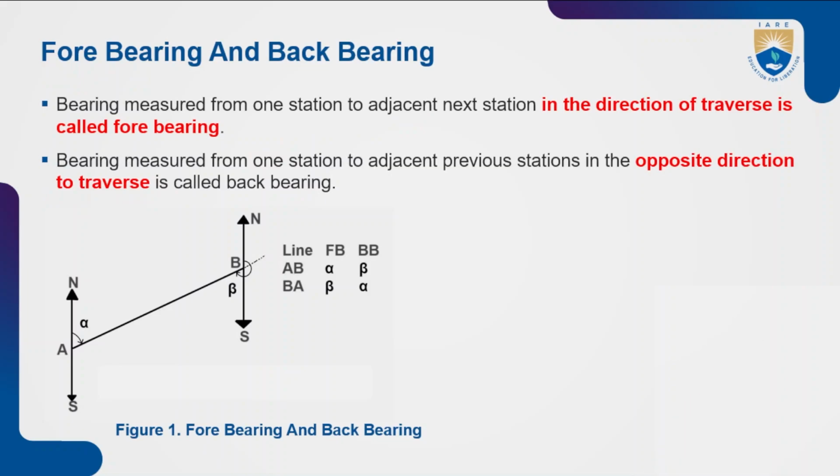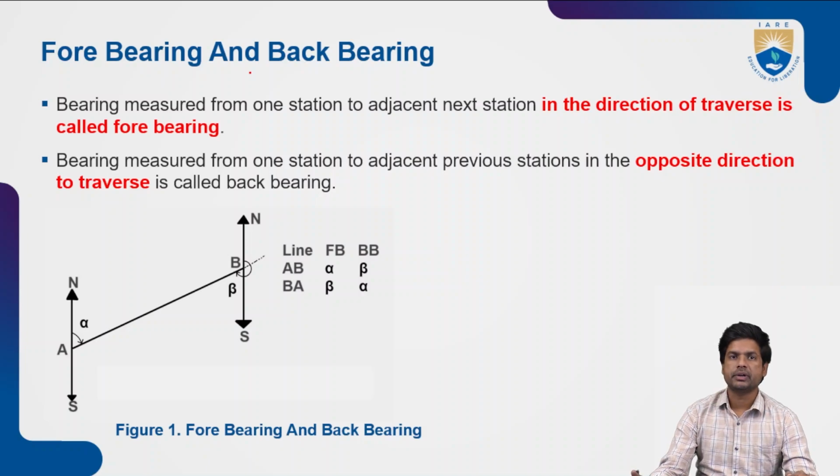Coming to the terms forebearing and backbearing, when we do compass surveying, we find out the angles between two survey lines.